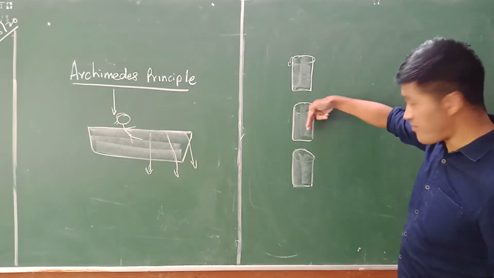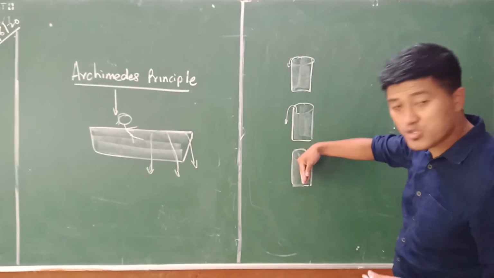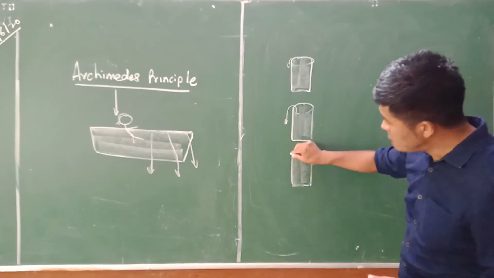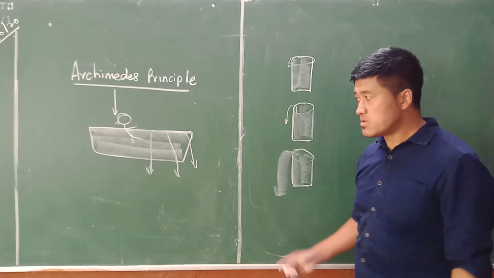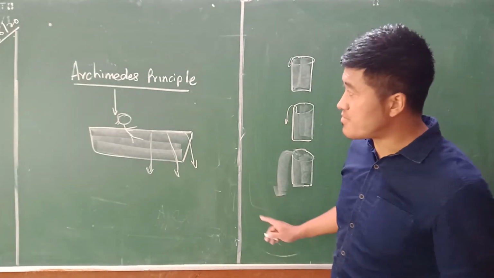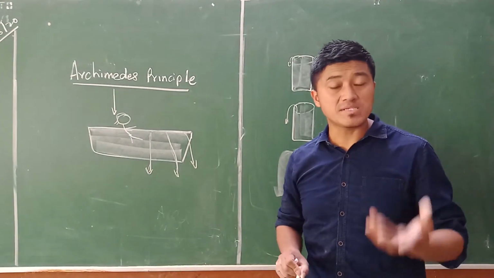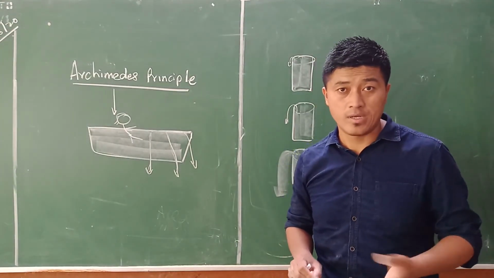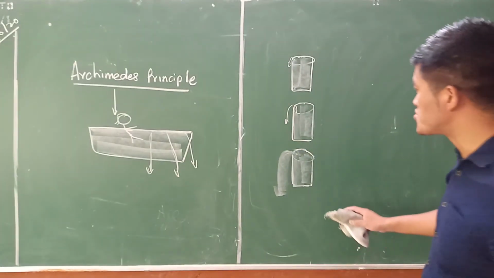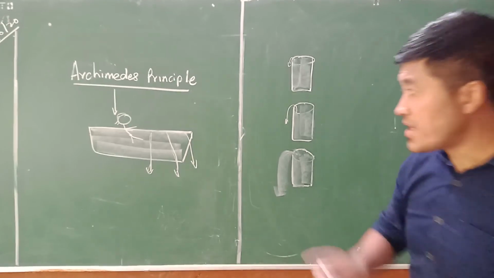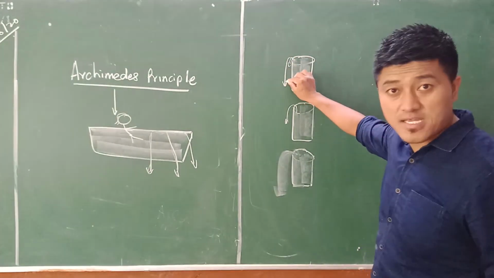If I put two fingers, I will see more water coming outside. If I put my whole hand into the glass, I will see a great amount of water coming outside. Through this observation, Archimedes made some conclusion which we are going to learn.